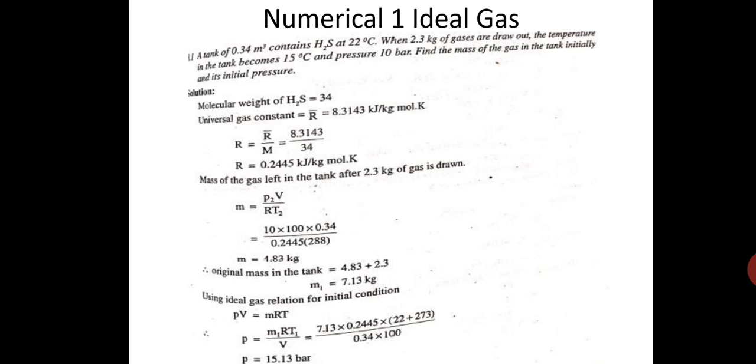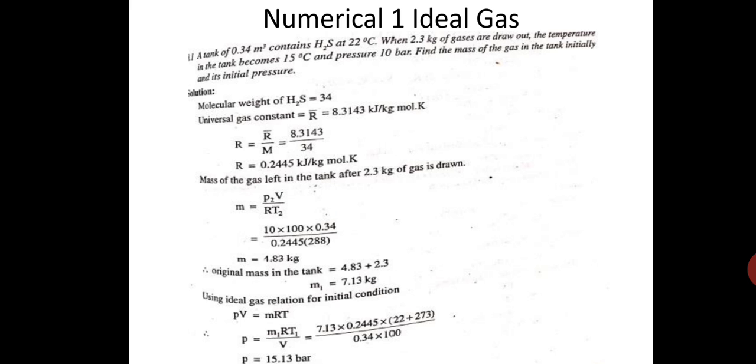4.83. So the original mass in the tank is 4.83 plus the 2.3 which was drawn out, that is 7.13. Now again, using the ideal gas relation for the initial condition, condition 1, PV is equal to MRT. Now we have to find P here.